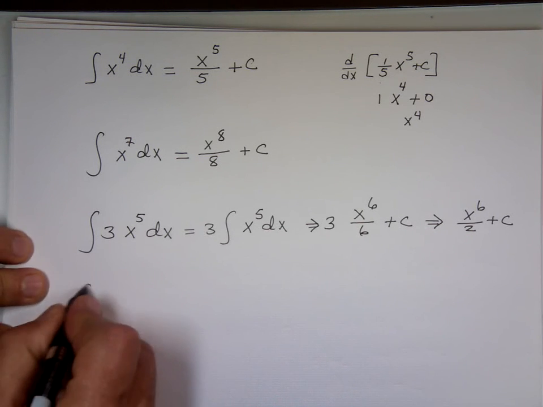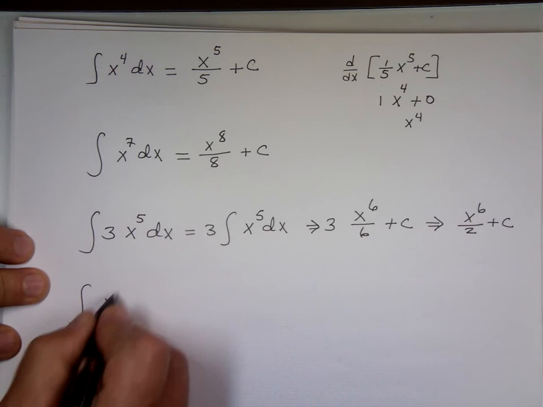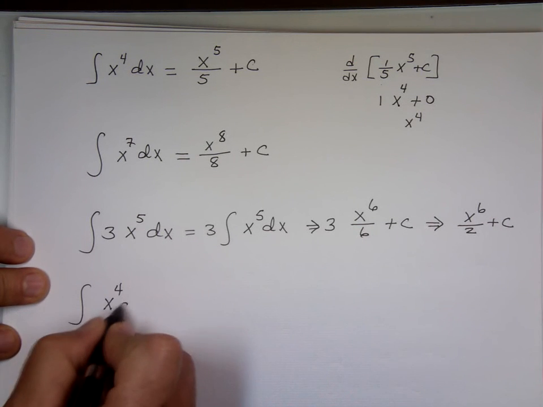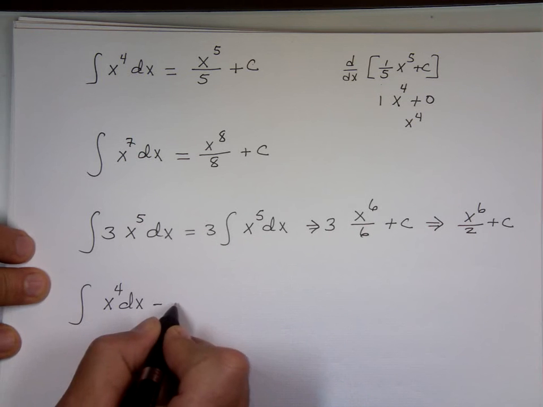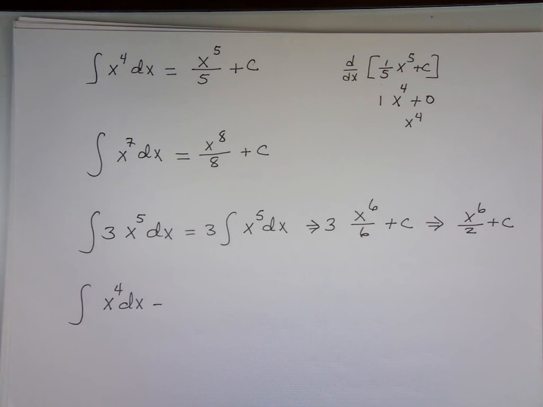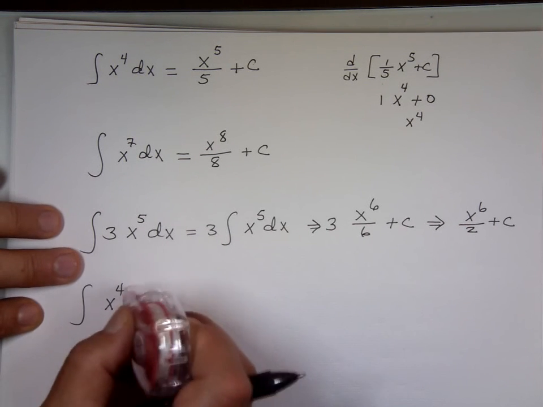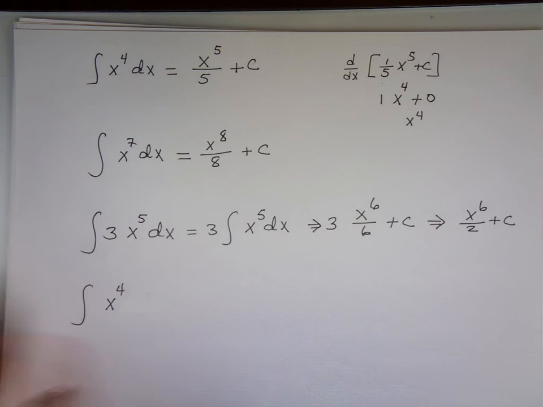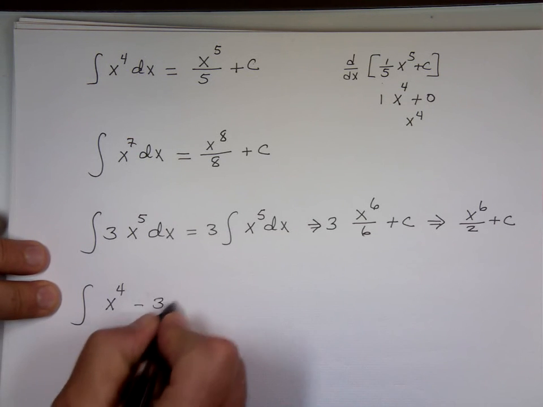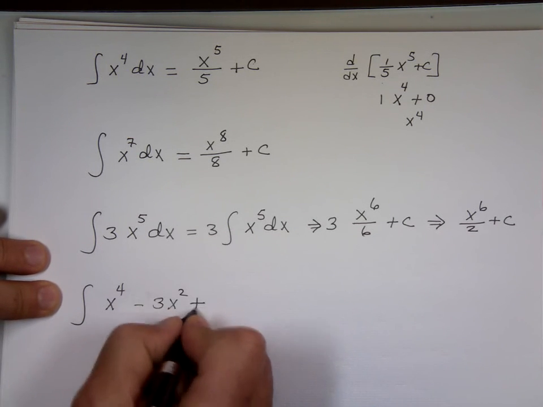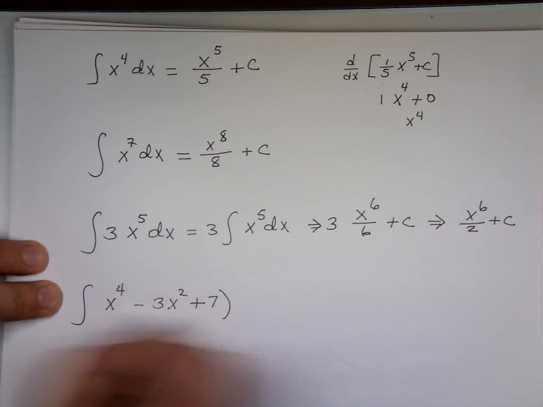What's the integral of x to the 4th minus 3x squared plus 7 dx?